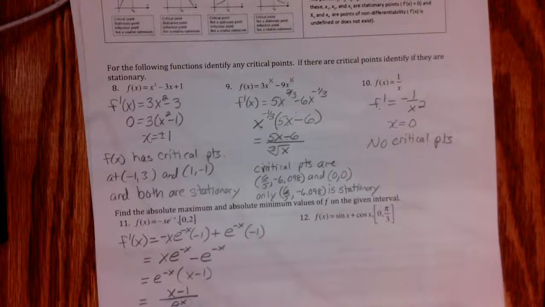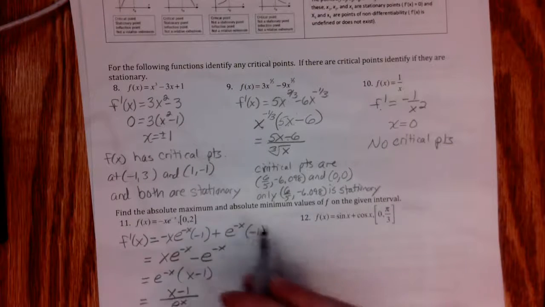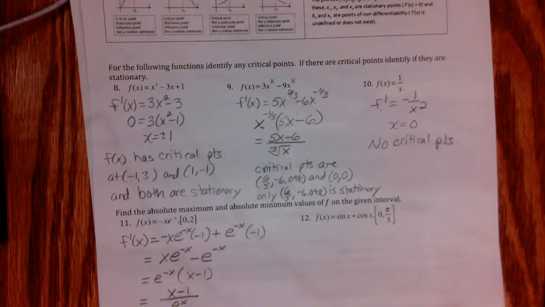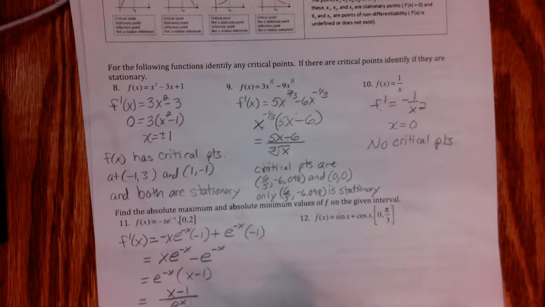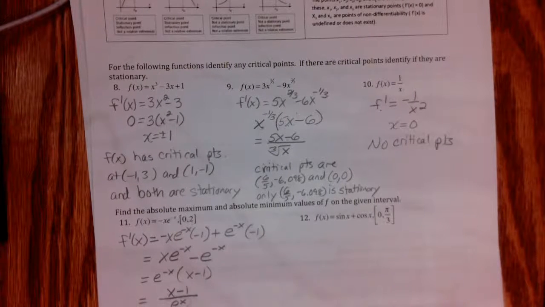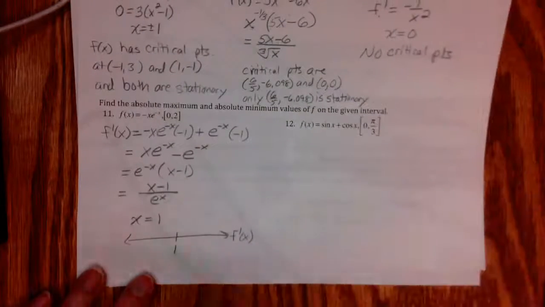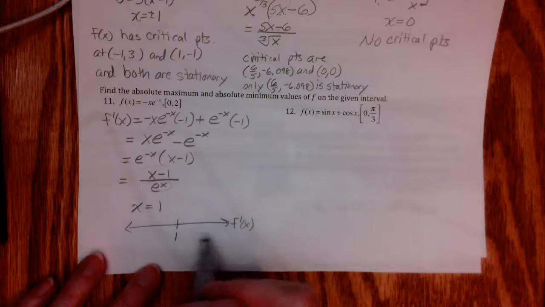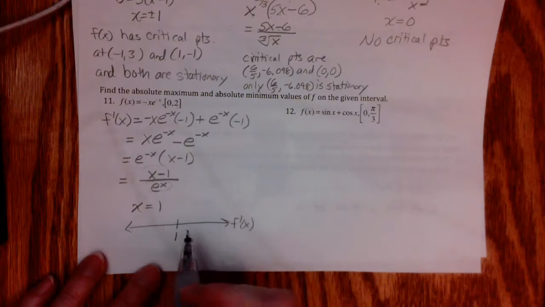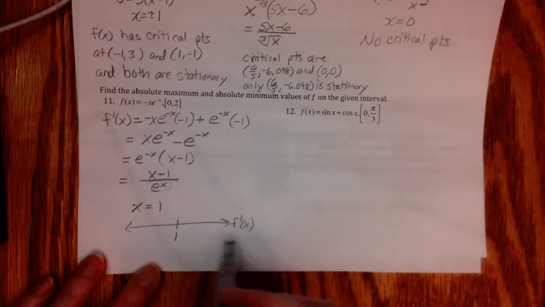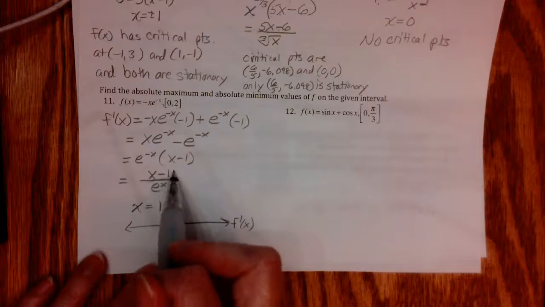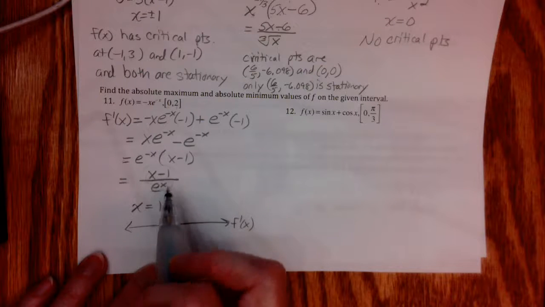What I'm going to do now to identify absolute max and absolute min on a given interval is look at the critical value and find out what's happening on the graph by analyzing the slope. Sorry about that. So there's my sign chart to analyze the signs on the derivative. If I go left of 1, going down to 0, plugging it into here, 0 minus 1 is negative, e to the 0 is positive.